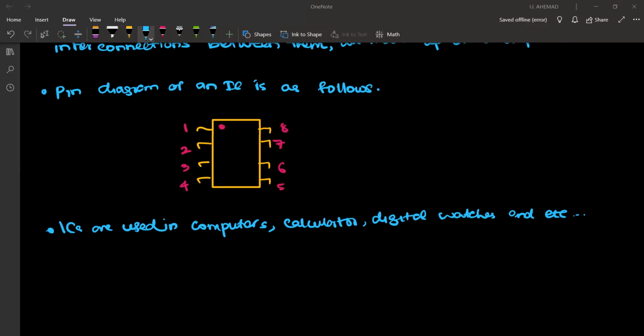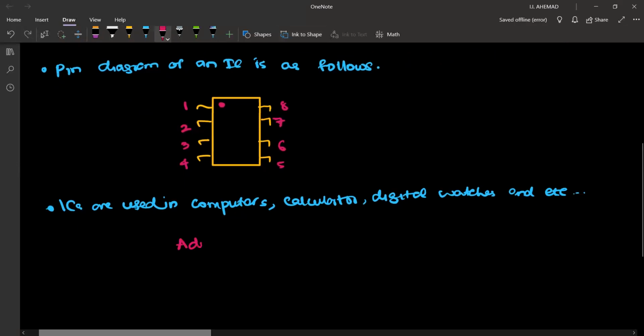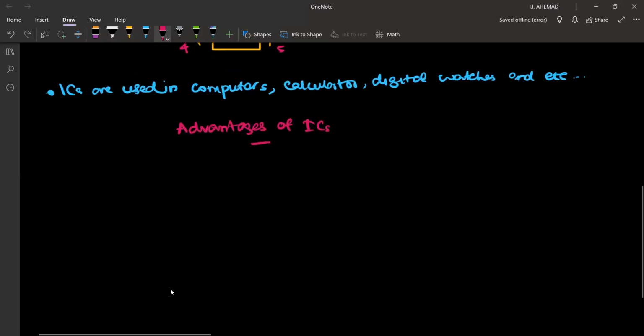So what is the advantage of IC? Why is using IC better than using large circuits? Advantages of ICs. First, you don't need to make any new connections. You don't need to make the circuit.